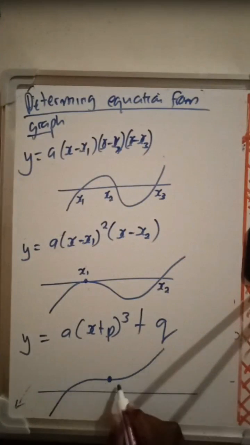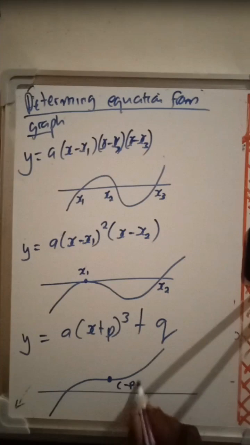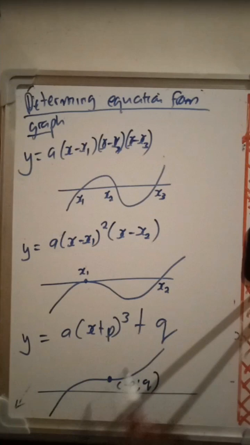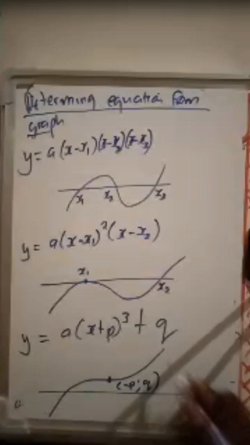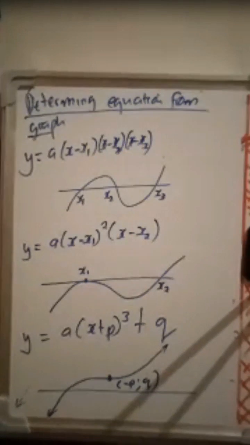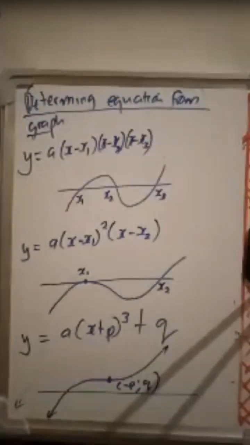Where this one, it's negative p, q. So when it goes there, it becomes positive p. Then there we have q, which doesn't change. So we have three ways by which we can determine the cubic equation. We can determine the cubic function from the graph.